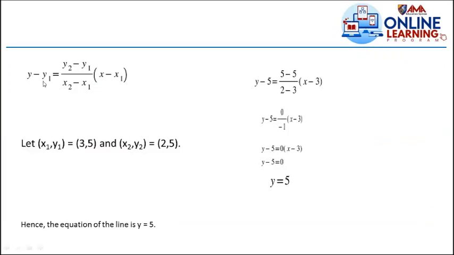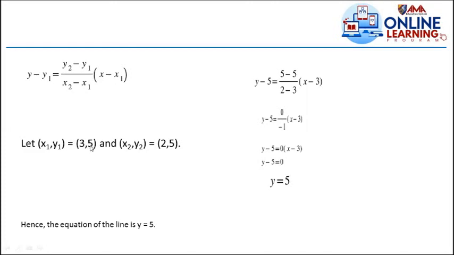y minus y1 is equal to y2 minus y1 divided by x2 minus x1 multiplied by x minus x1. So let x1, y1 be equal to 3 and 5, and x2, y2 be equal to 2 and 5. Okay? So if we're going to substitute that one, y minus y1, y minus 5. Ito siya, no?